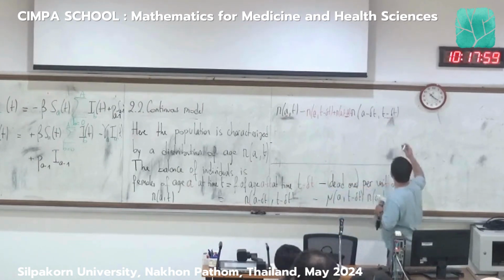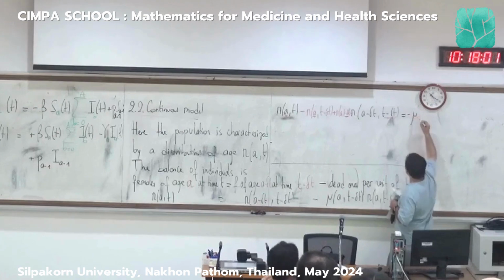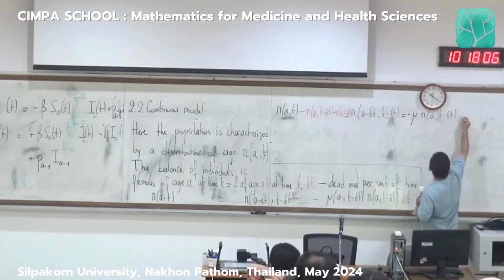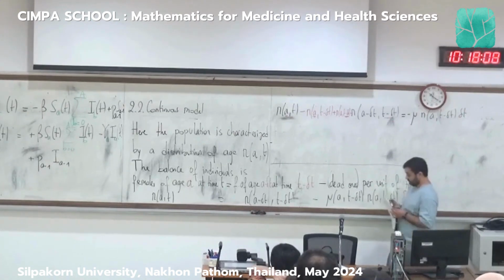This is equal to minus the death rate times n.